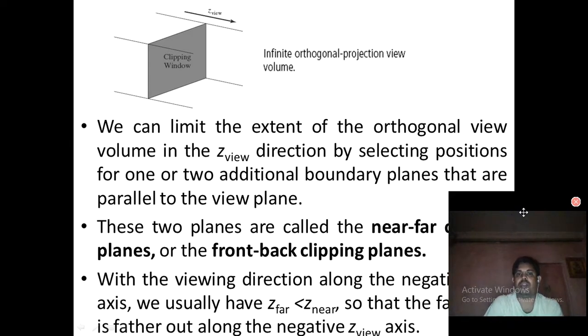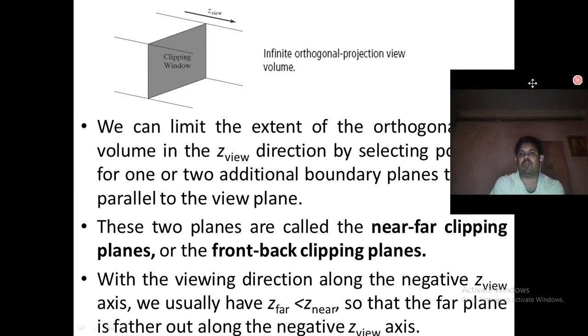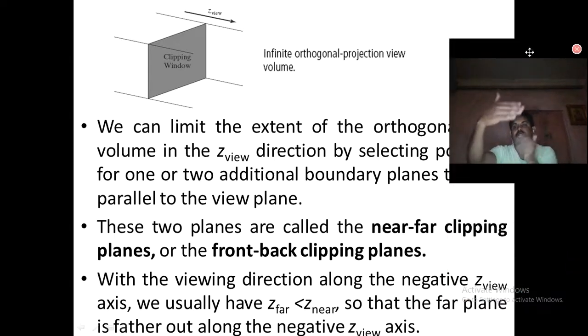That's why in the z view direction, by selecting positions for one or two additional boundary planes that are parallel to the view plane, we restrict z also, the depth. These two planes are called the near and far clipping planes, or the front and back clipping planes.